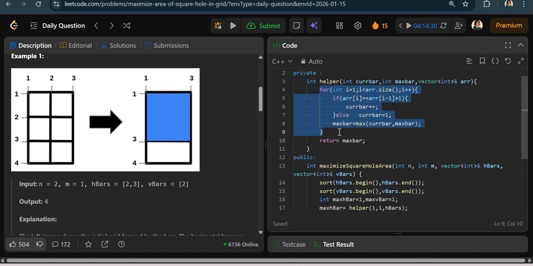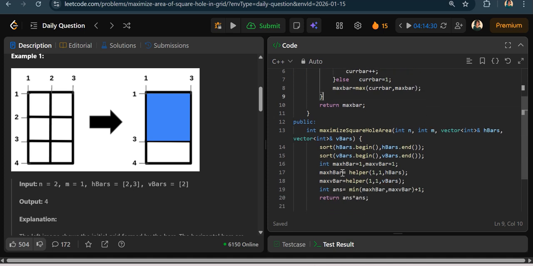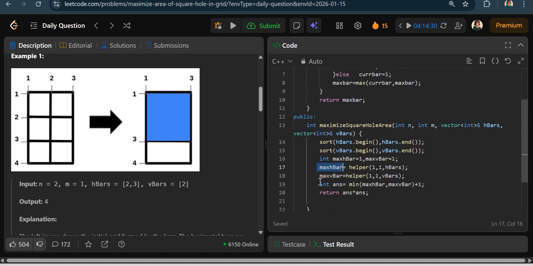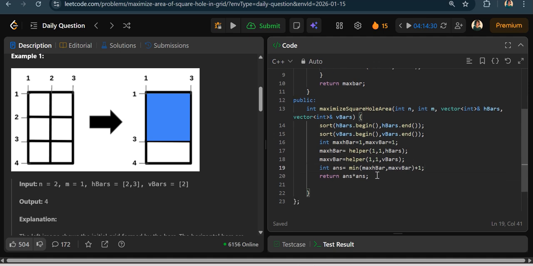We go through a loop: if consecutive elements are there, then current bar plus plus. If there is a break, it comes back to 1, and we store the max bars using current bar or max bar. Then it returns its value. In the answer, we take the minimum plus 1 and return its square. That's all. Let's submit it.